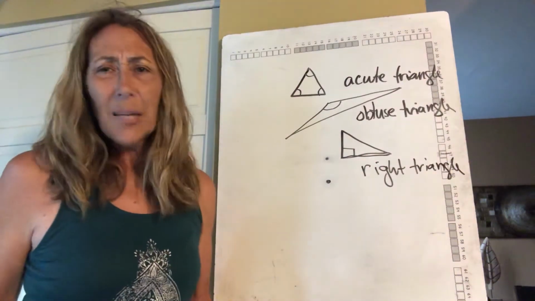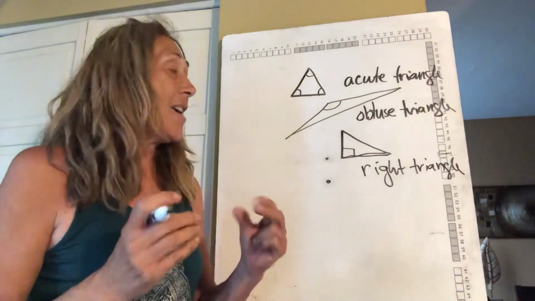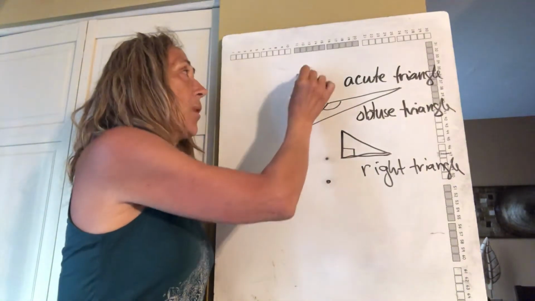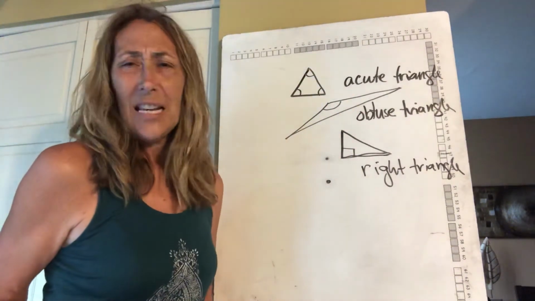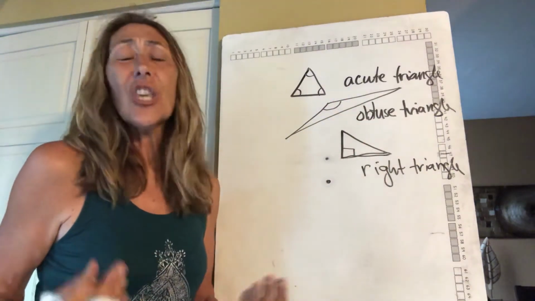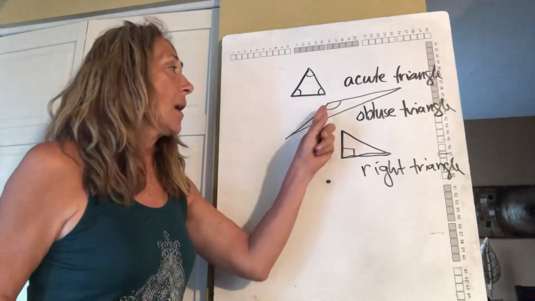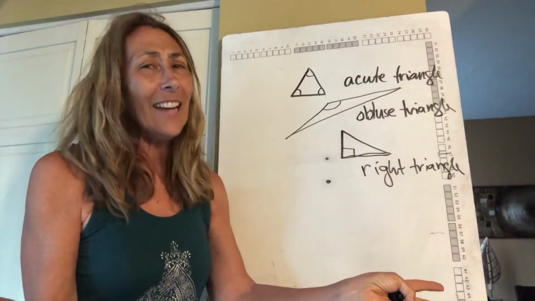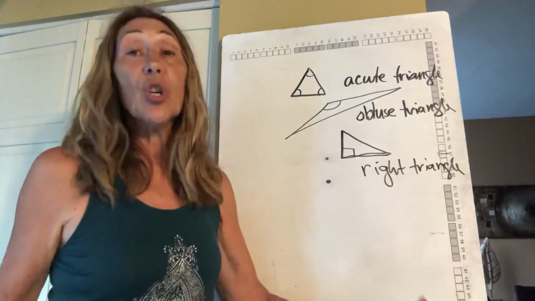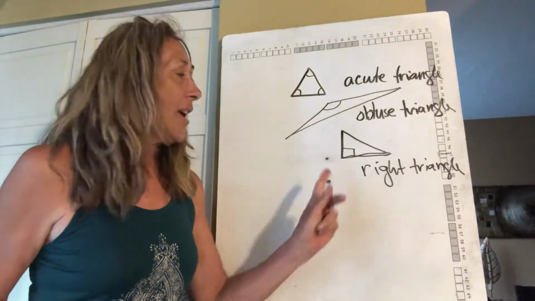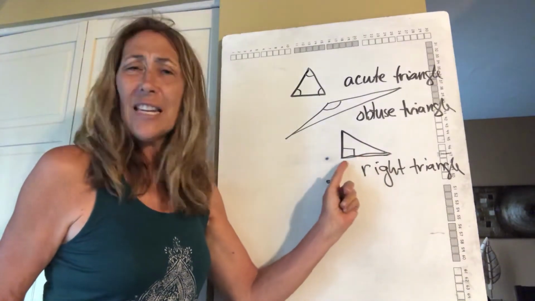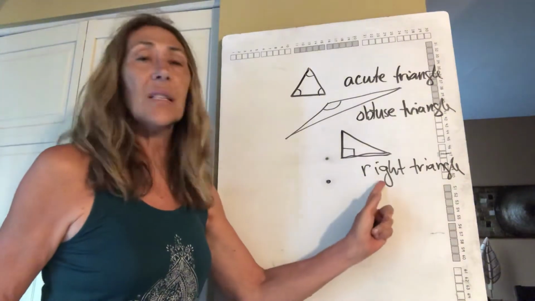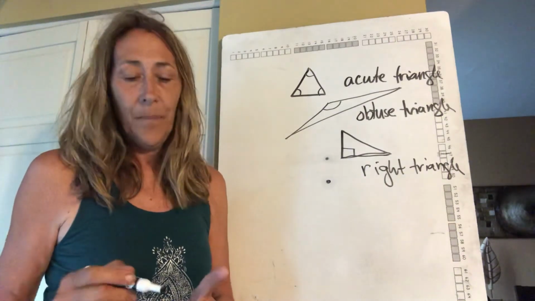So triangles can be categorized by their angles. Each one of the three angles is less than 90, so it's an acute triangle. All I need is one angle that's bigger than 90, and it's an obtuse triangle. And lastly, if I have that 90 degrees or that corner of my paper, that right angle, it's a right triangle.